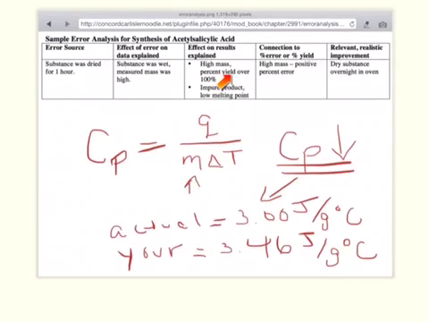So this meant that Q was lower than it should have been. Connection to percent error: if Q is lower than it should have been, and it's in the numerator, that would make your specific heat lower. And then you can talk about how it related to your true value. And then realistic improvement: try to be a bit quicker in the transfer of the hot metal to the room temperature water, something like that.